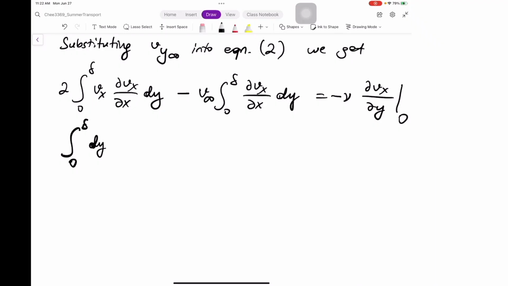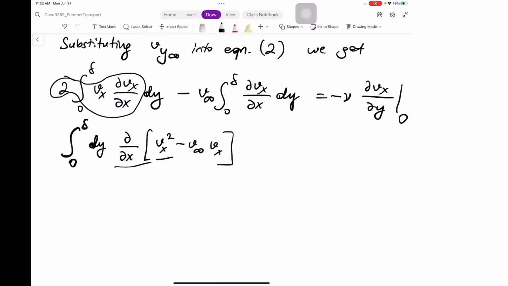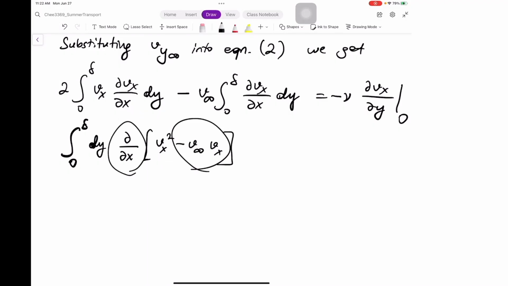But we're going to take the derivative del over del x of the following things: Vx squared minus V infinity Vx. The derivative of Vx squared comes from this term, and the derivative of the other comes from these terms.